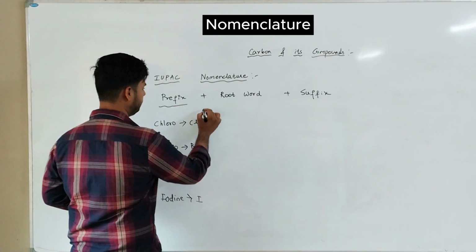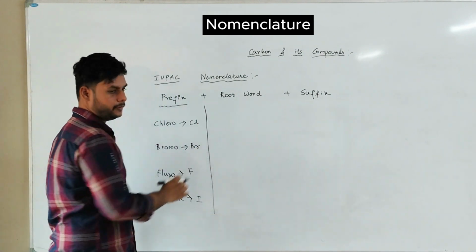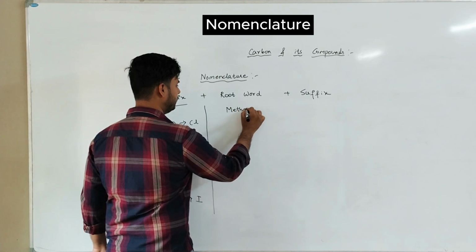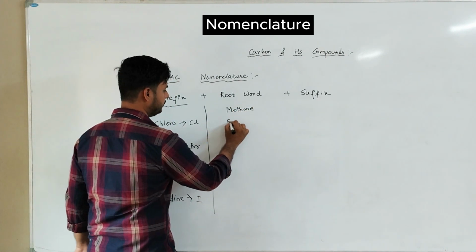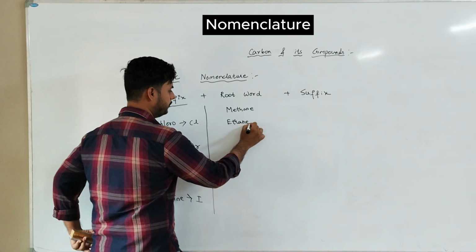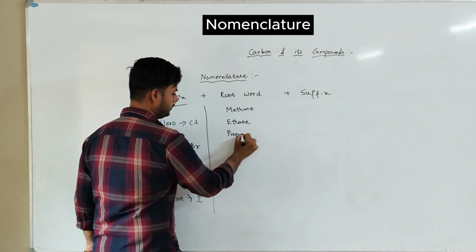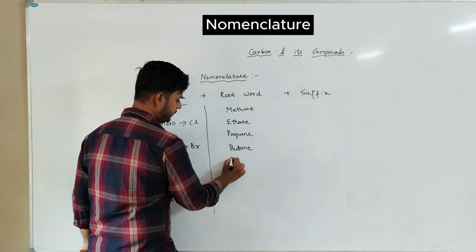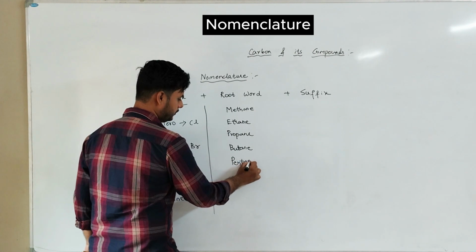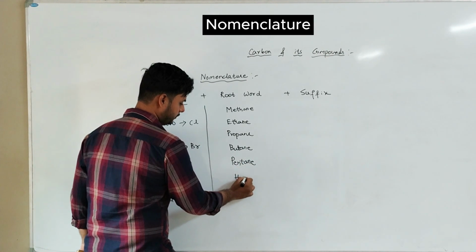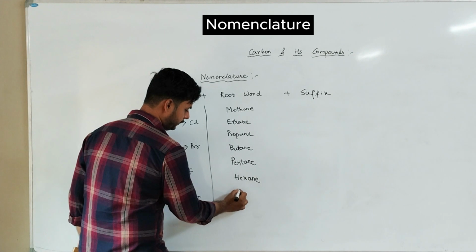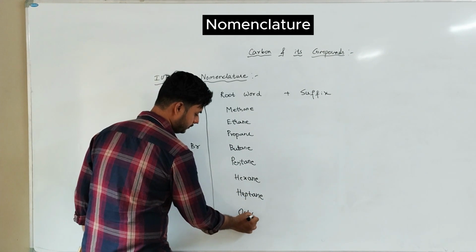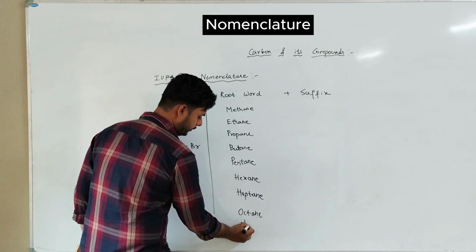Next we have root words. In root words we have first methane, ethane, propane, butane, pentane, hexane, heptane, octane, and till nonane.